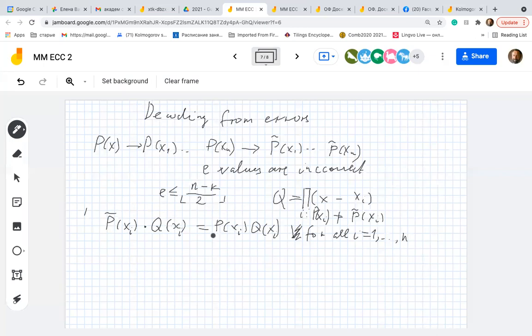And now observe that this is a polynomial of degree at most, so Q times P has degree k minus 1 plus the degree of Q.